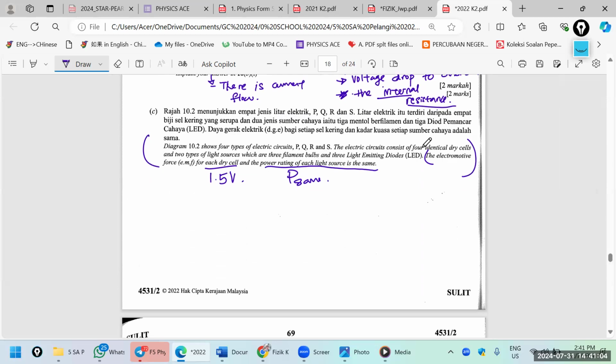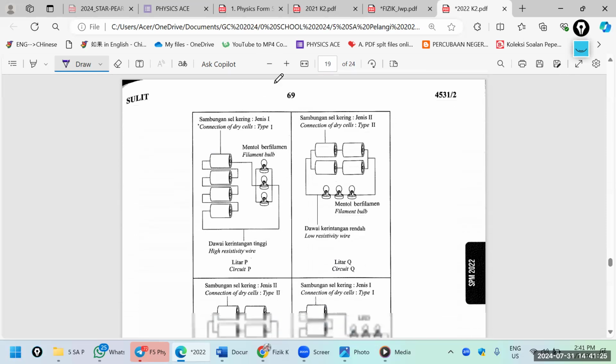There are 4 identical dry cells. What's the meaning of identical? Same. 2 types of light source, filament bulb and LED. LED is actually a diode, we will learn in chapter 5.